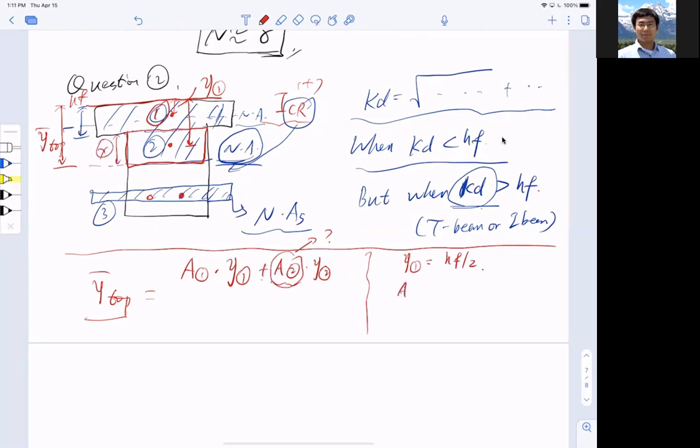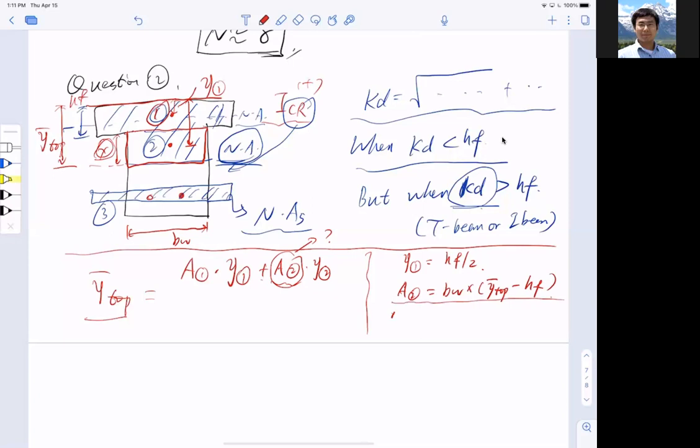So A2 in essence is equal to BW, which is the web thickness, multiplied by this x here. And what is x here? It is y top minus HF, where HF is the flange height. So that is the area for A2.